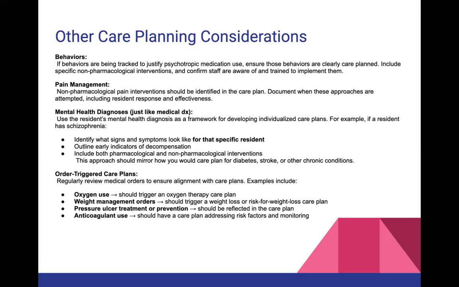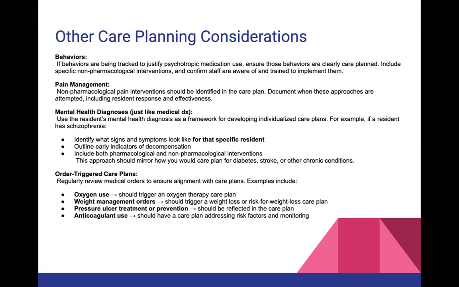I also encourage people to look at the diagnosis list. We do that a lot for care plan development. If they had a stroke, we'll do a care plan for a stroke. If they have a fracture, then we'll do a care plan for that as well. So also look at that for the mental health diagnosis. Use that as a framework for developing individualized care plans.